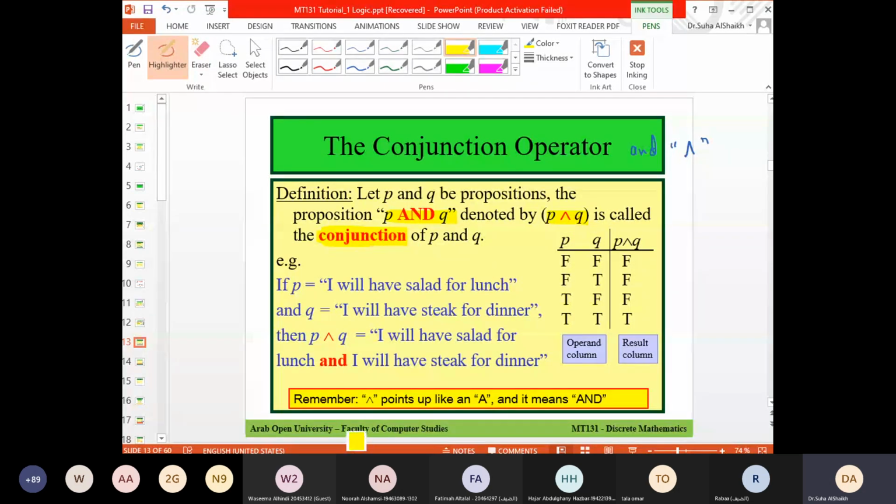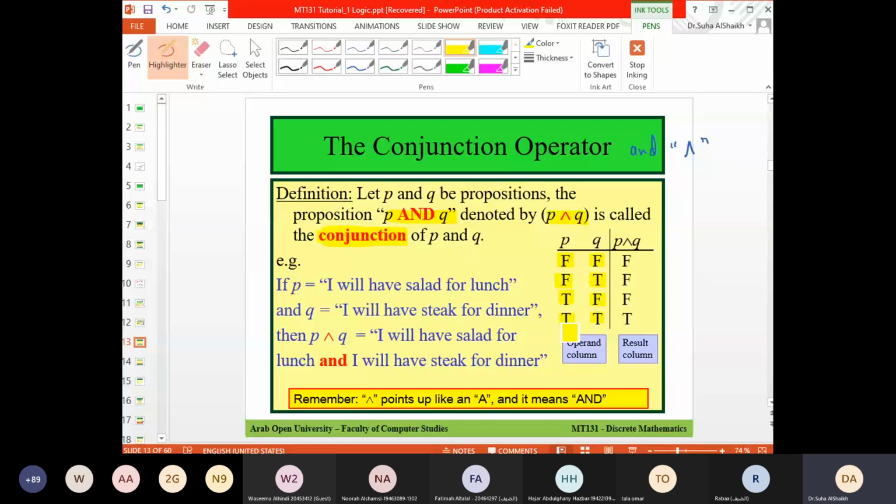The truth table is what you can see here. When I have two propositions, either the first is false and the second false, or the first false and the second true, or the first true and the second false, or both of them are true. Right?